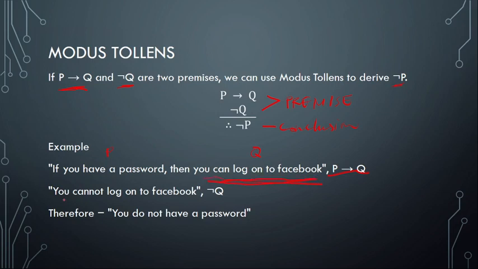So, ang kuha na siya, you cannot log on to Facebook. Since ang negation is the opposite man, so you cannot log into Facebook. Dayon, ang therefore niya is, you do not have a password. If you can notice, you do not have a password is just a negation of you have a password. Opposite niya.